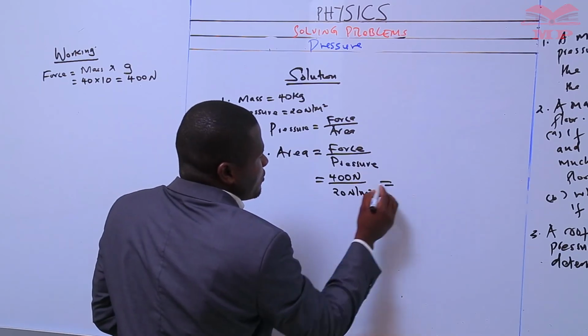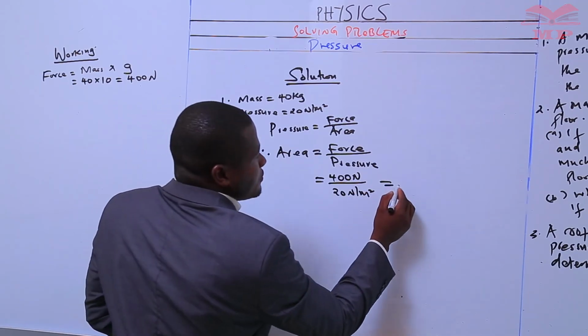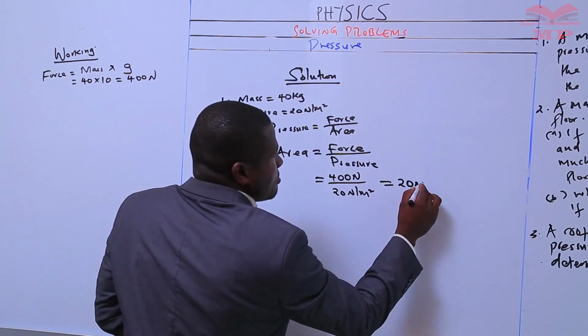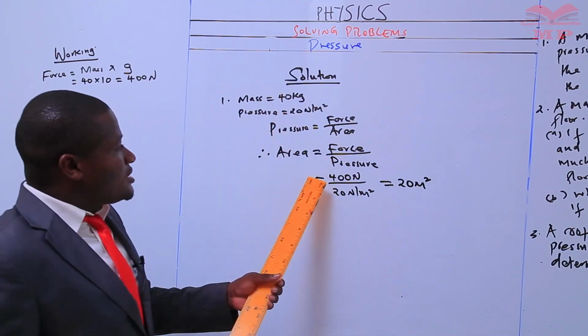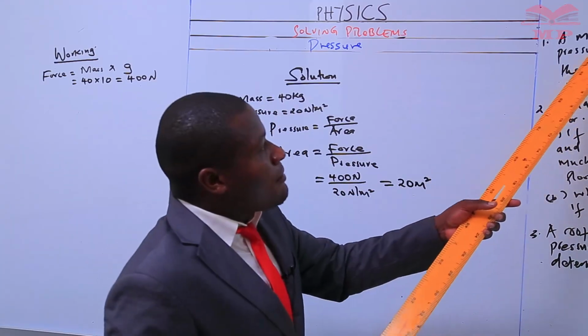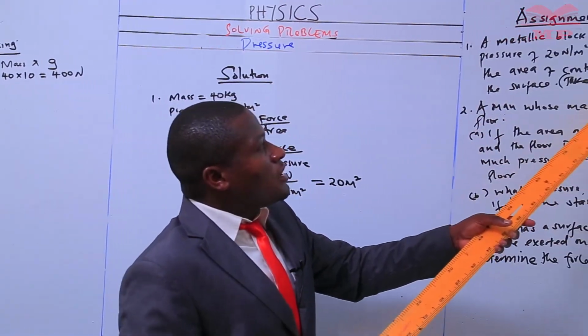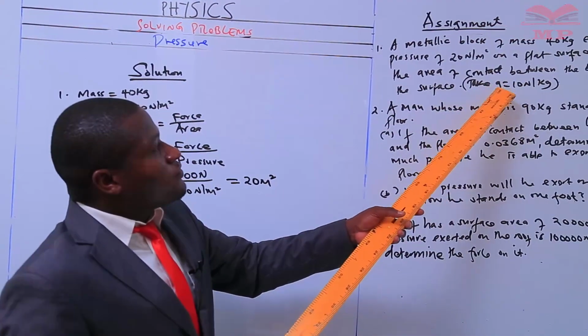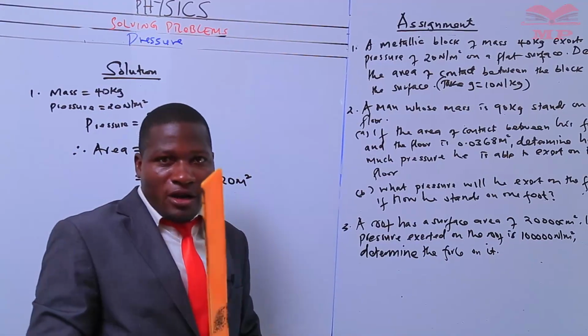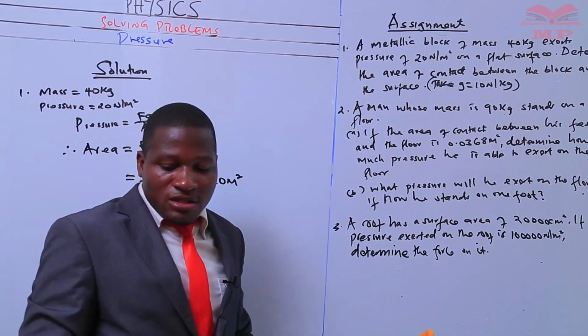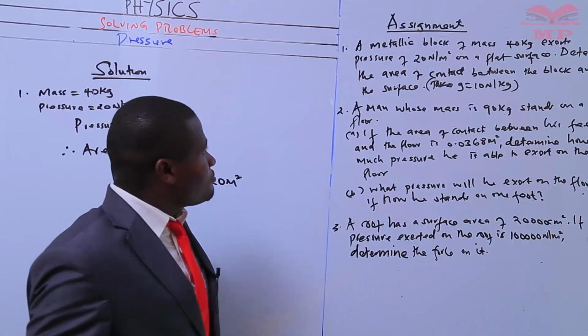If I divide this, it gives me 20 meters squared. This is the area that the metallic block is supposed to have in contact with the surface. That is question 1. So let's try question 2.